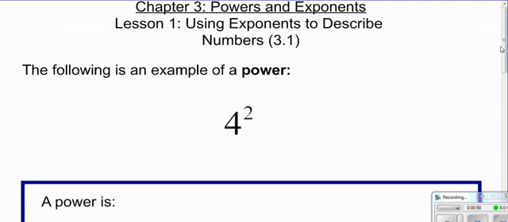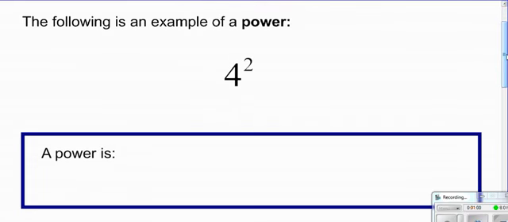So your first example, we have an example of a power. This is 4 to the power 2, or we could say it as 4 squared. And so when we look at this full example altogether, it is a power. A power is any expression, remembering that expressions are not equations, they don't have an equal sign, but they could have different operations like addition, subtraction, multiplication, division.